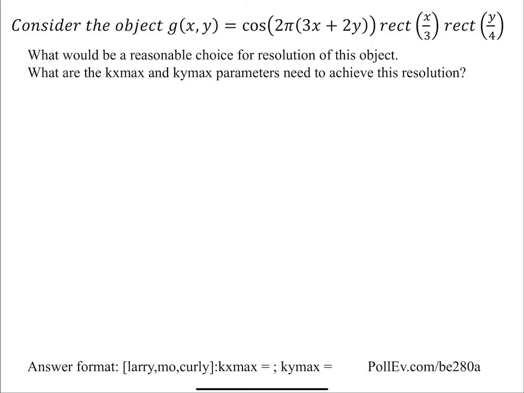So you're going to pick the resolution, and then given those resolutions, I want you to tell me what is the maximum Kx and what is the maximum Ky I need. There are a couple small steps to get to that, but that's what I want you to think about for the next 5 minutes. So this is Kx max and Ky max. We'll open up the poll for that, and then we'll regroup in a few minutes.